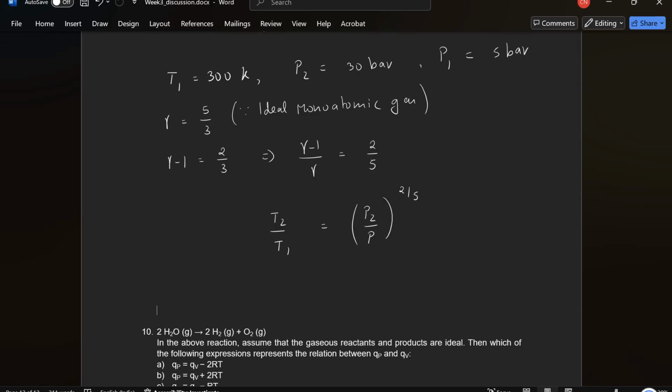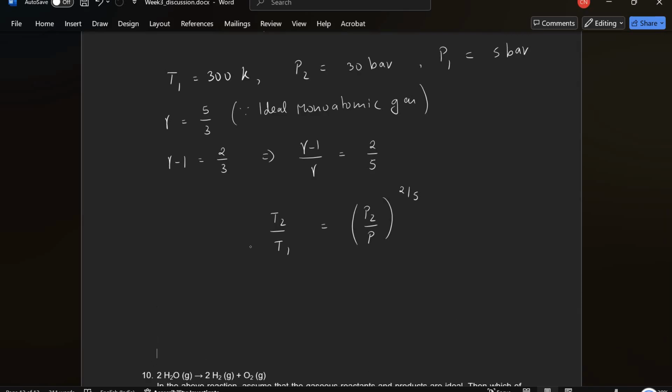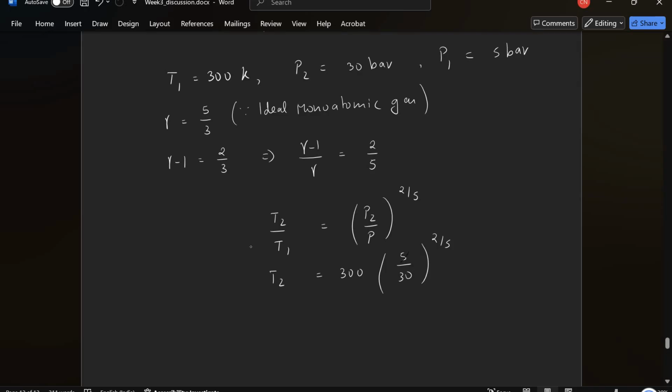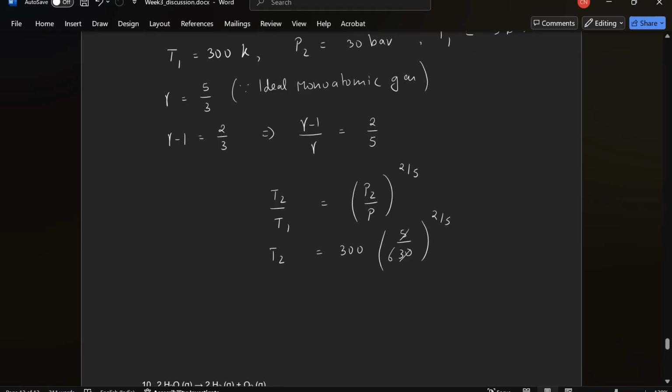So now we have all the values. Let's substitute and then get the T2 value. T2 is equal to 300 times 5 by 30 to the power 2 by 5. So 5 by 30 is 1 by 6.